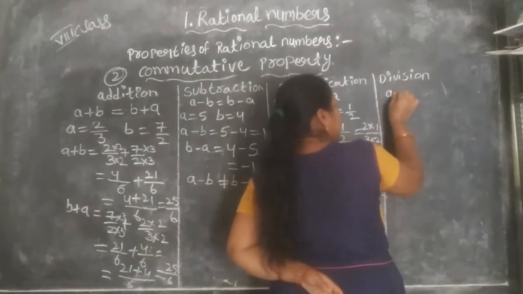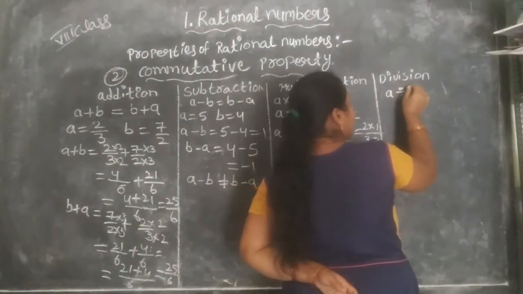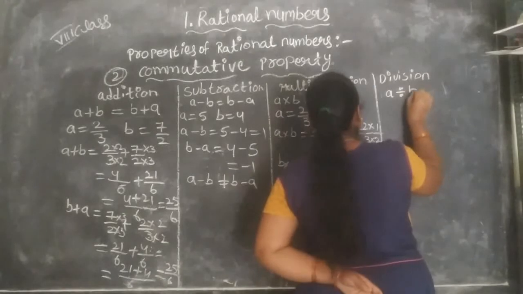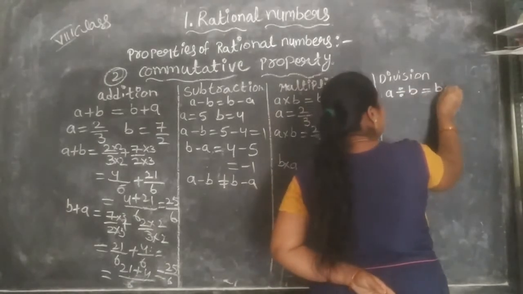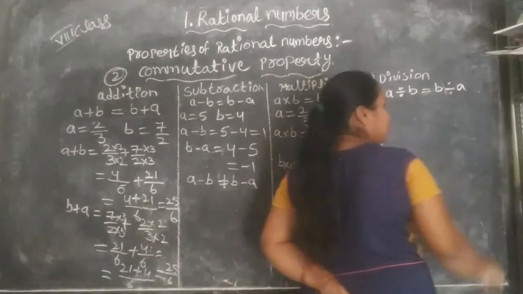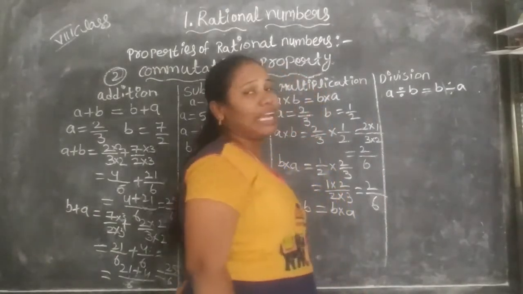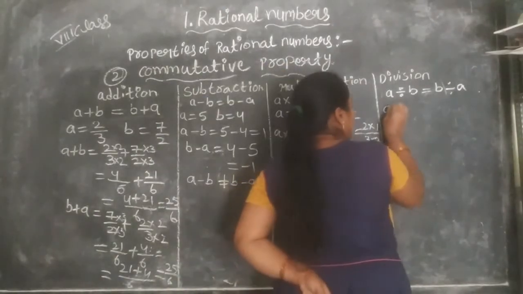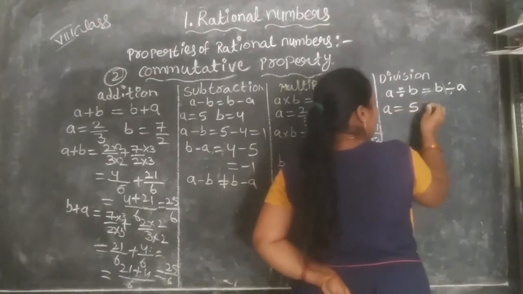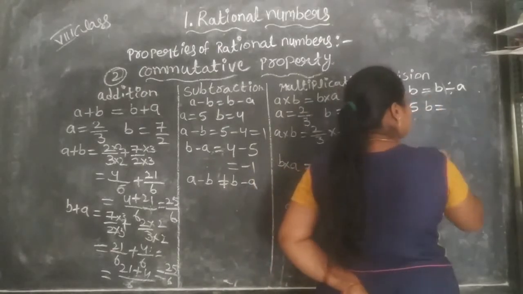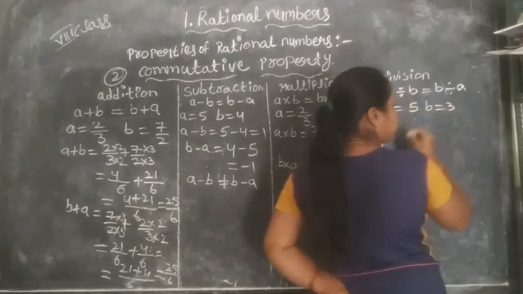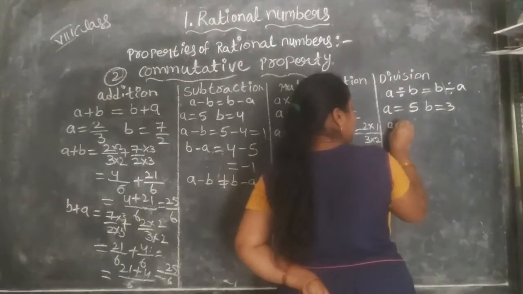So what is the division formula? A divided by B is equal to B divided by A. I am taking A as 5 and B as 3. First LHS and RHS.